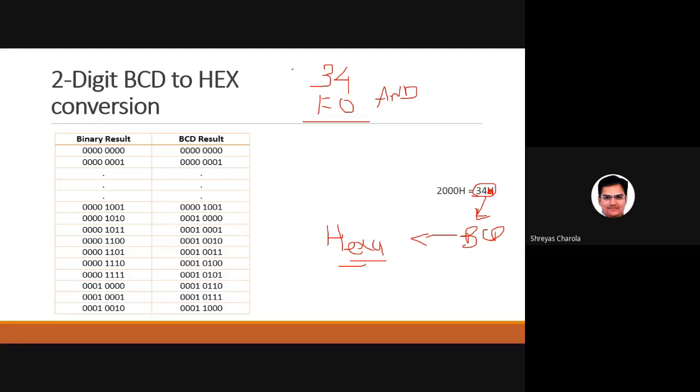We have 34 as a number. If you do the AND operation with F0, what will be the answer?